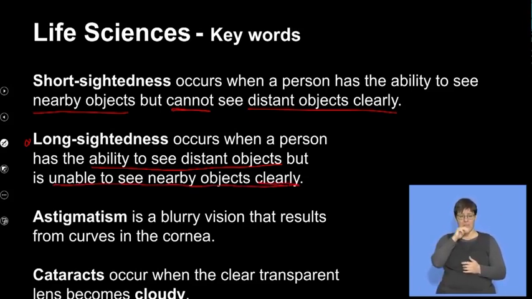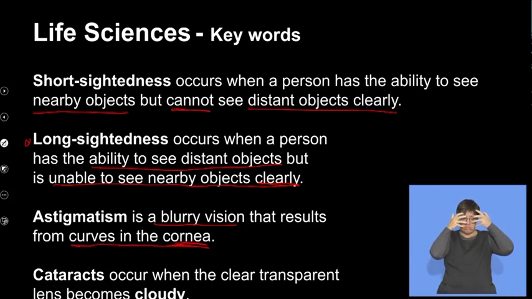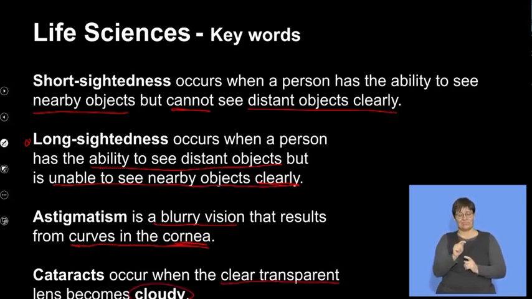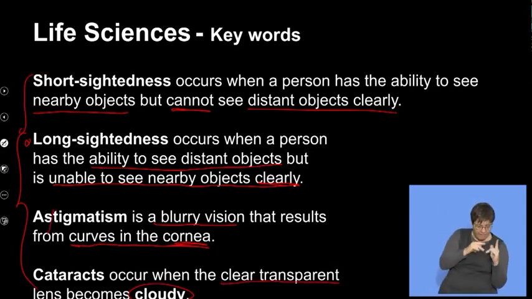Astigmatism is blurry vision that results from curves in the cornea. Cataracts occur when the clear transparent lens becomes cloudy. So these are the eye defects: long-sightedness, astigmatism, short-sightedness, and cataracts.